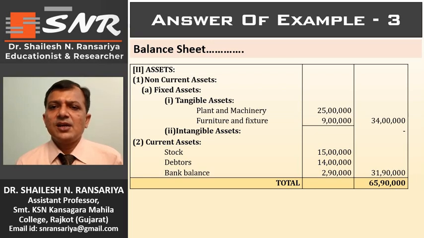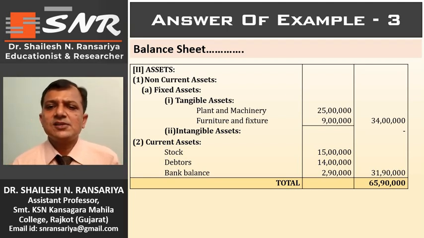Under that, A, fixed assets. Again it is classified into two, tangible assets and intangible assets. So first tangible assets, under that plant and machinery, no change, so it will remain the same, 25 lakhs. Furniture and fixtures, again it is the same, 9 lakhs.